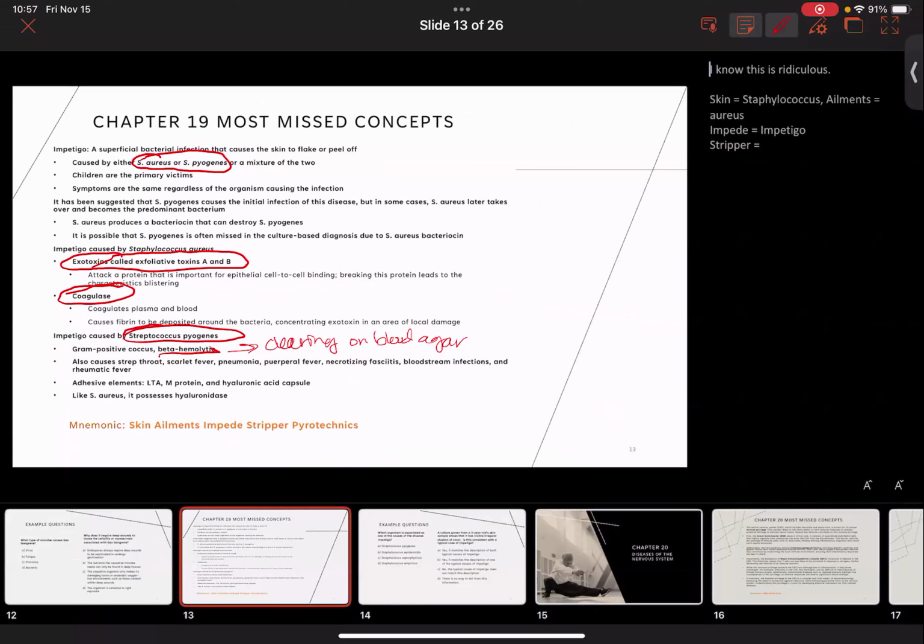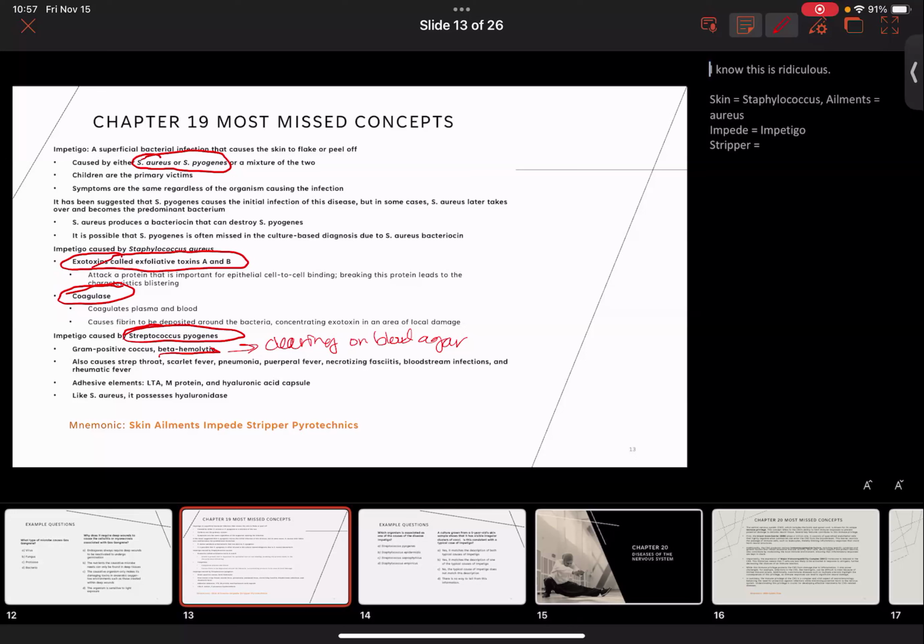Great. So obviously skin, the S of skin, is talking about skin infection, and it's also talking about that it's going to be staphylococcus or streptococcus. We've got two S diseases here. I is referring to the disease of impetigo, that's the actual I part of the impede. The ailments is the aureus part of it, to remind you about the aureus.